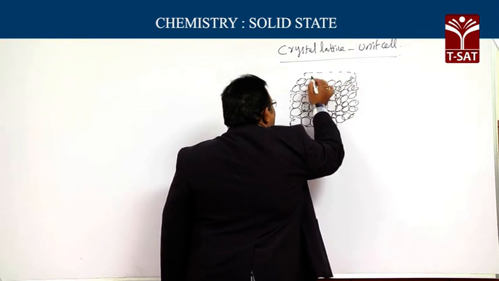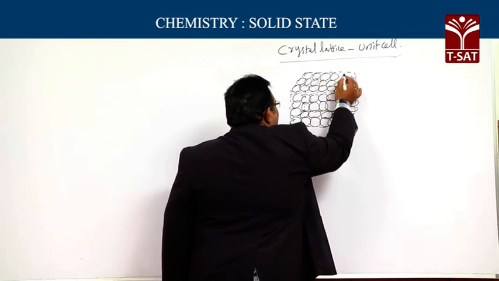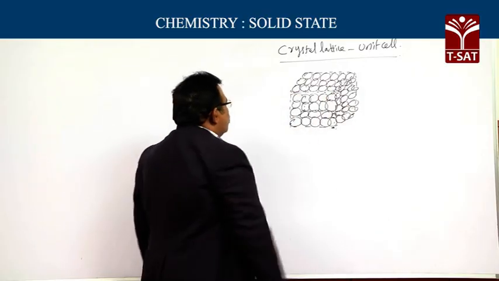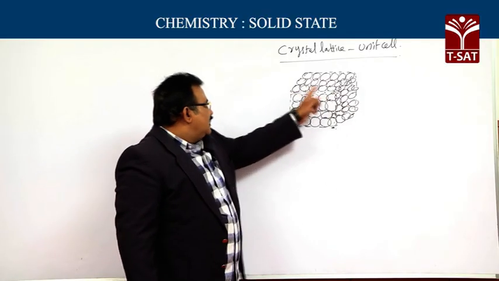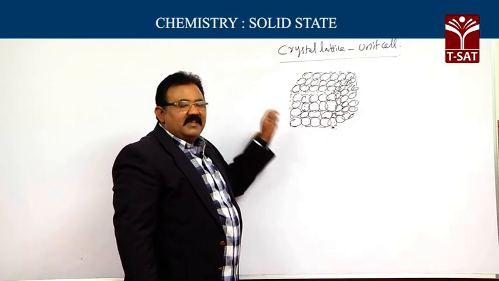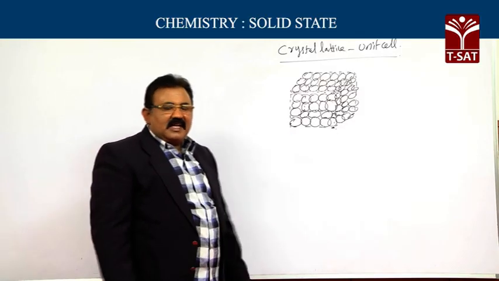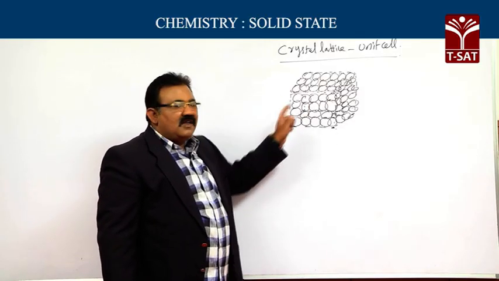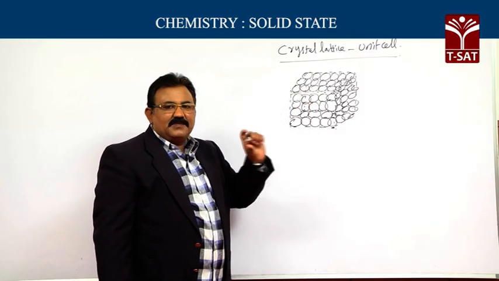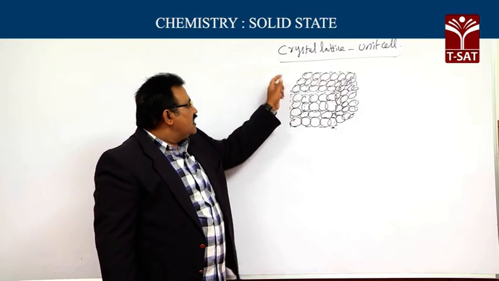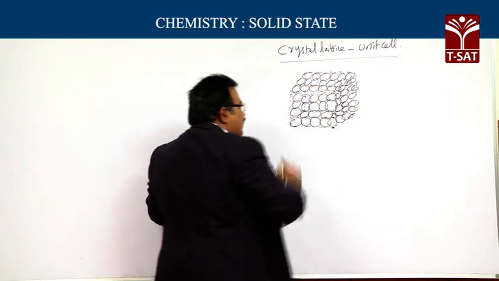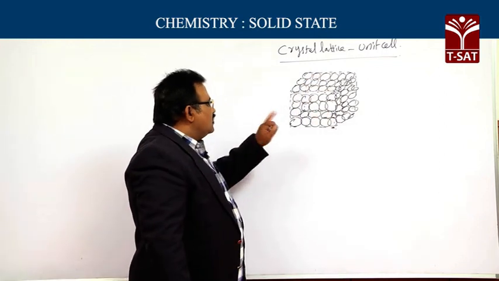Let us move to the next topic, that is crystal lattice and unit cell. So, this entire pattern of arrangement is crystal lattice. Crystal lattice means the 3-dimensional pattern of arrangement in which different spheres are arranged. Say this whole thing is crystal lattice. Atoms are arranged 3-dimensionally here.